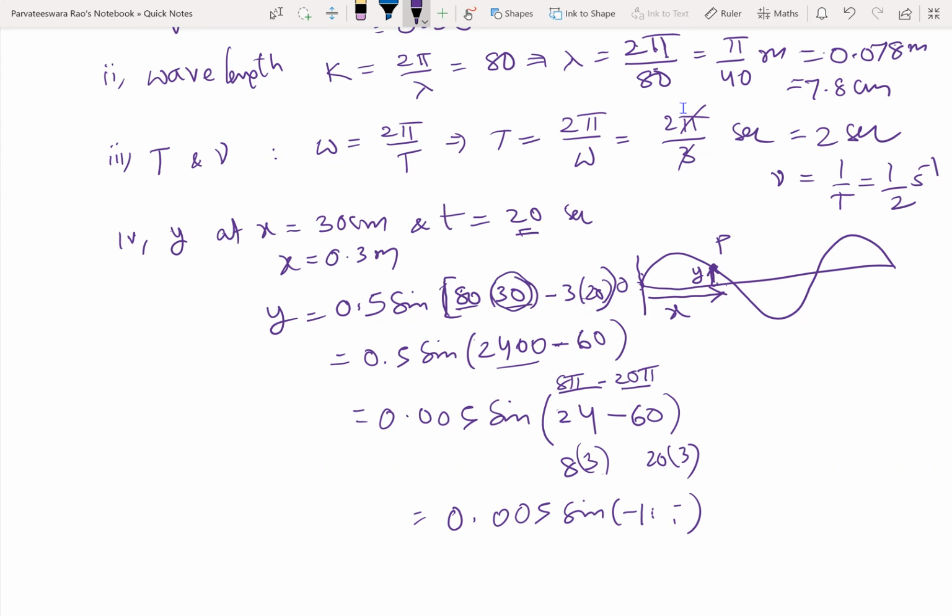So it is minus 20 plus 8, so it is minus 12 pi. So any multiples of this, almost it will be approximated to 0.5 centimeters or 5 millimeters.